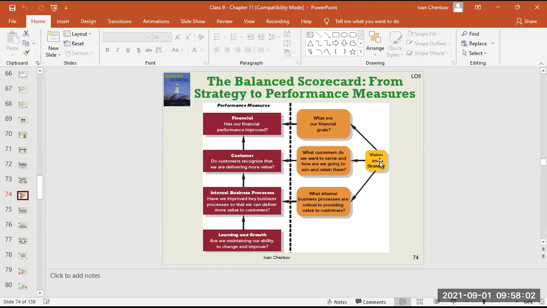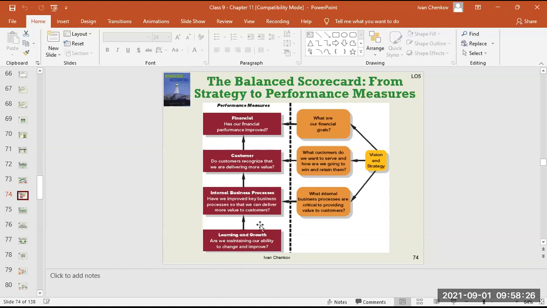That will be based on the mission and vision of the company. The internal business perspective is how we can improve the business so we can satisfy the customers. When we satisfy the customers, that's going to bring us more sales. That again will be related to the mission and vision of this company.